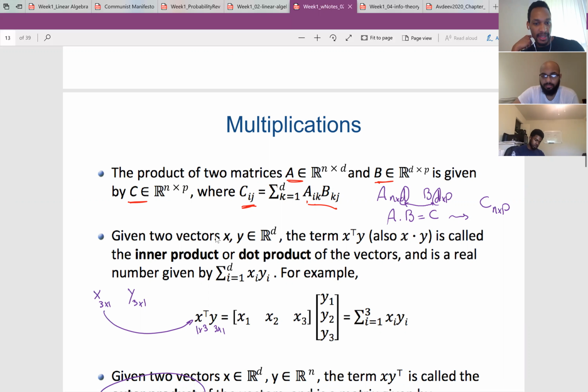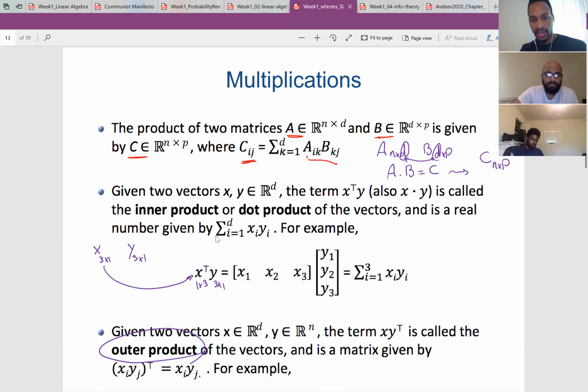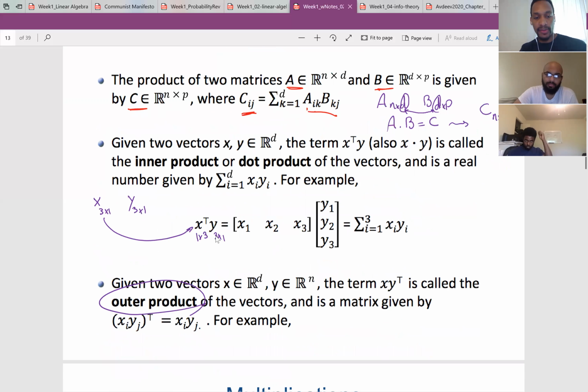And then the dot product, which we talked about earlier, is just X transpose times Y. With X and Y being column vectors, you take the transpose of X and multiply by Y using matrix multiplication. That's the inner product.